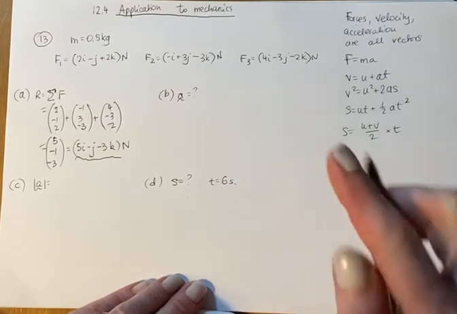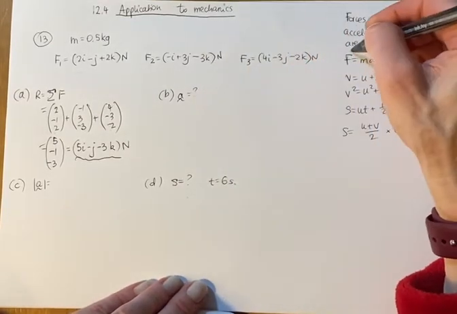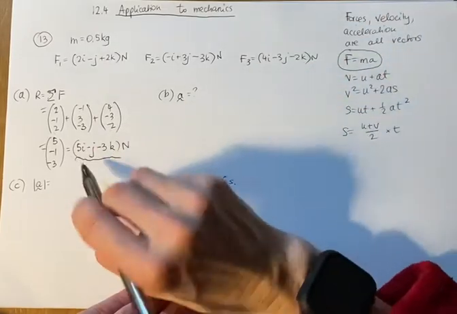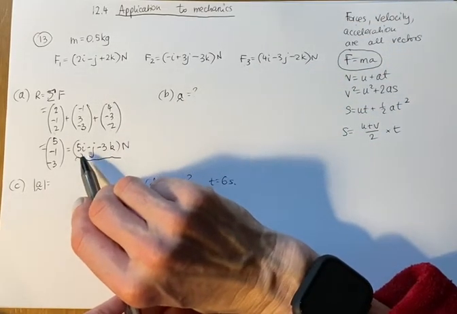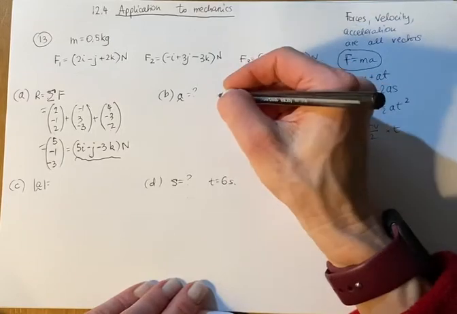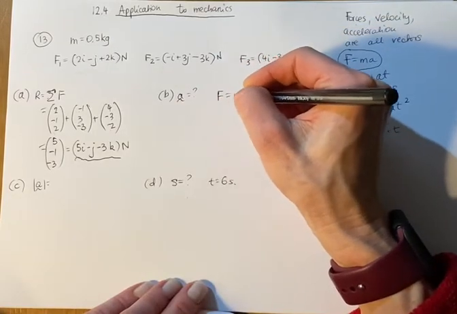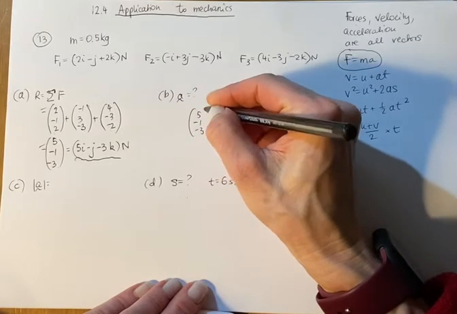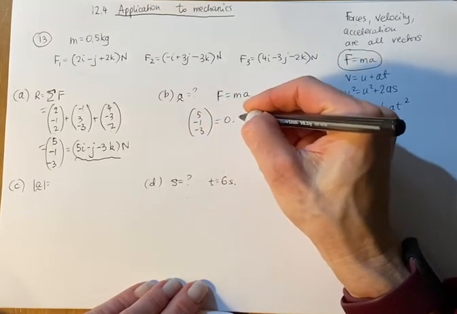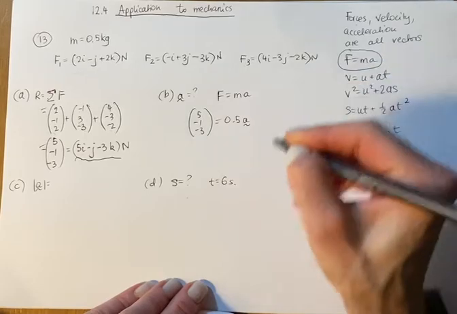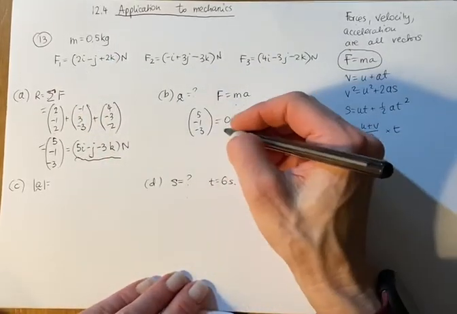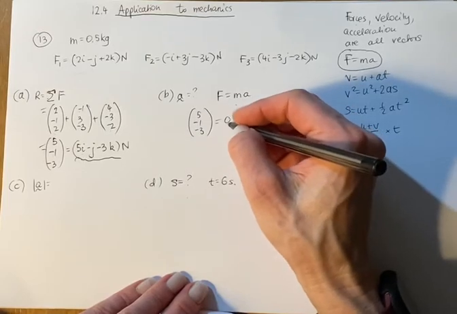Okay, to find the acceleration, we are going to use force is equal to mass times acceleration. The overall force acting on the particle is 5, minus 1, minus 3. So F equals ma. So 5, minus 1, minus 3 is equal to 0.5 times the acceleration, because mass is 0.5 kilograms. So all I need to do now is undo multiplying by 0.5.